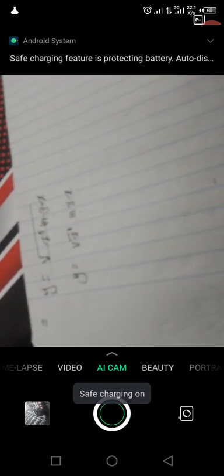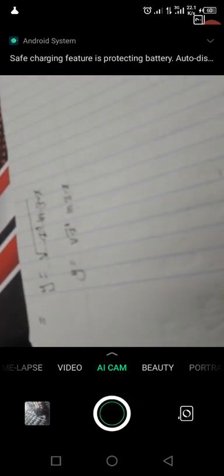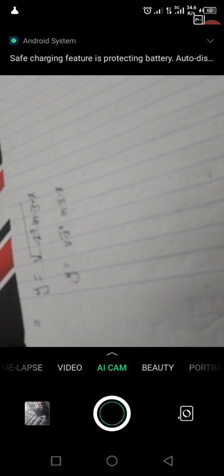So what I'm going to do here, here's the question. This first question is saying we differentiate with respect to x.